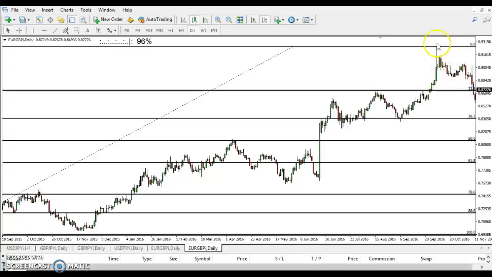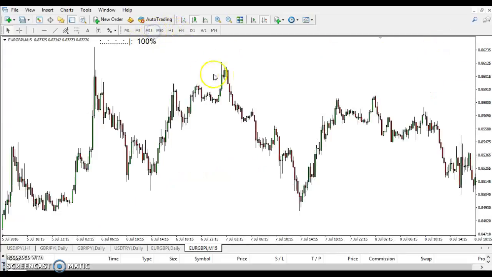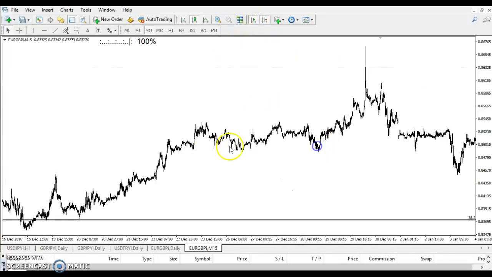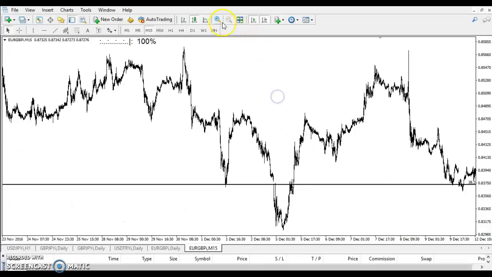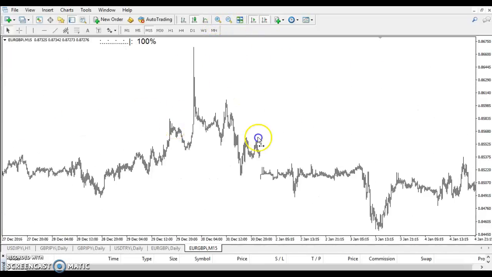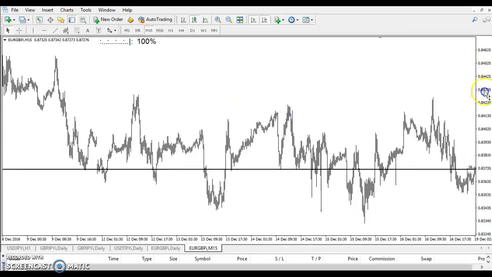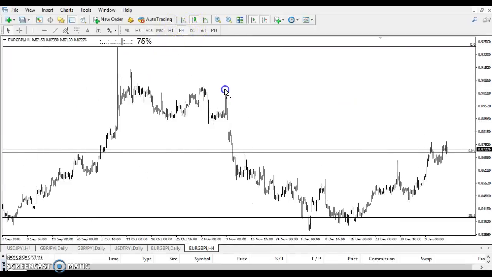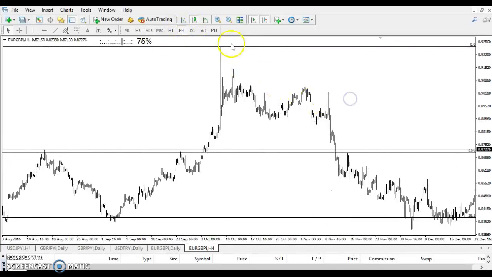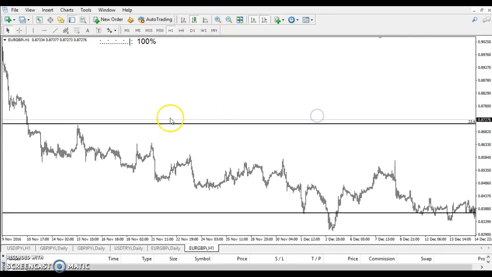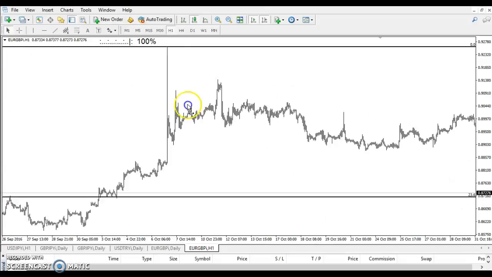Now you can see that that's going to be the tip of the iceberg if you go down to, let's say, a 15-minute chart. Okay? Go down to the 15-minute. Let's go to the 4 hour. Okay, there we go.